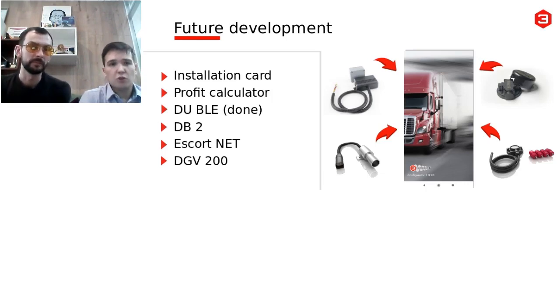You will just type in some basic data like how huge your fleet is, how many sensors you need, what your current costs are, and then the app will return the number of costs that you might actually reduce by simply installing our sensors to better control your fleet.